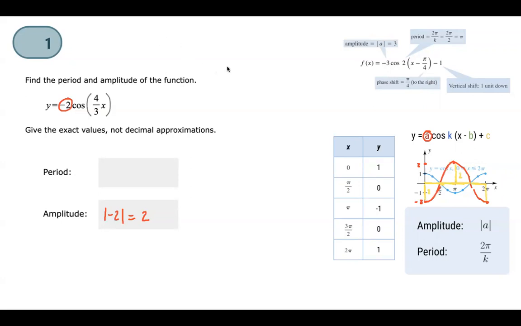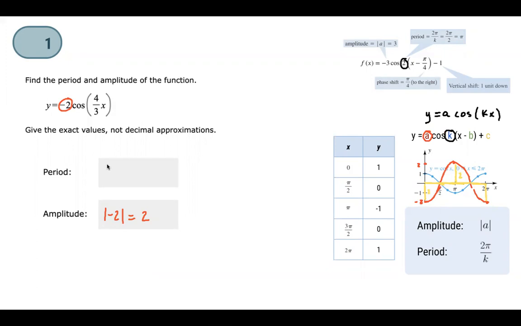And the period, later on we're going to see how to sketch it, but the period is found based on K. So K is right here, or it can also be expressed as y equals A cosine of Kx. So K will tell you how the original period will be affected.